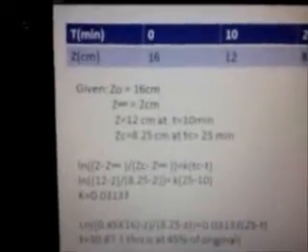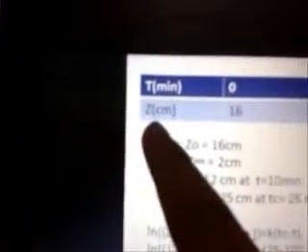So this is the data given by the instructor. The time is 0, 10, 20, 30, and 100. And then Z, which is the distance or height, is 16, 20, 8, 15, 8, and 2.